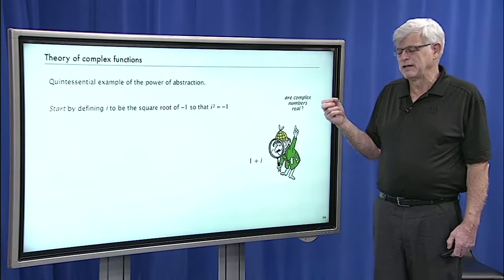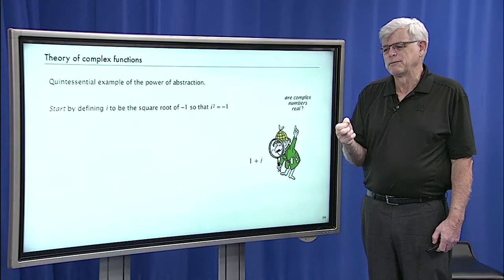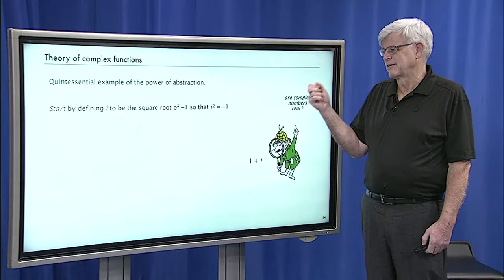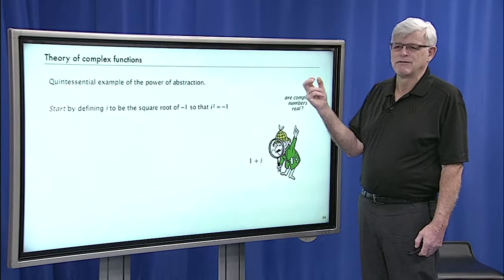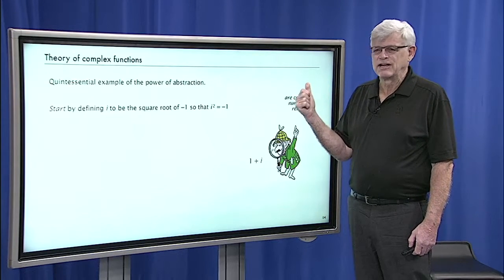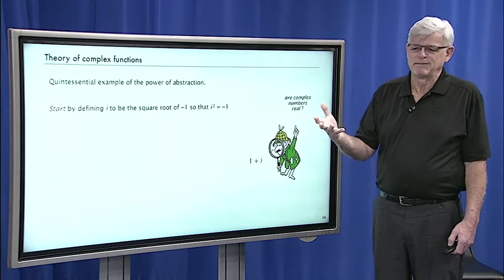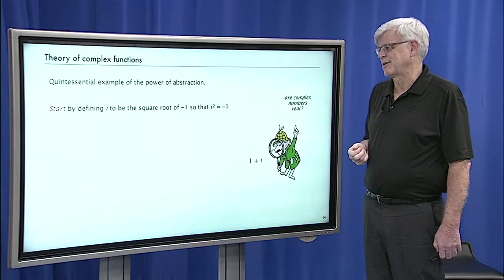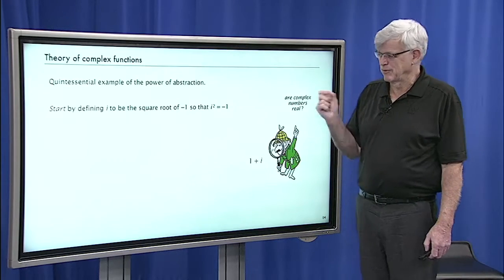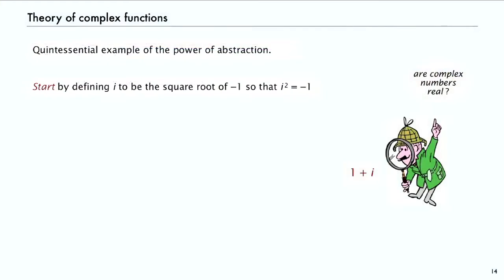Complex analysis is really, for people with interest in computer science, the quintessential example of the power of abstraction. It's just an idea that we build on. Really, all of mathematics is like that, but complex analysis is a perfect example. The whole idea is that we've got -1. What happens if we want to take the square root of -1?